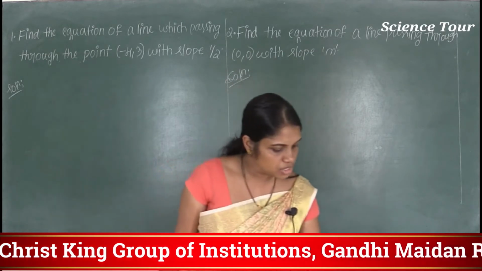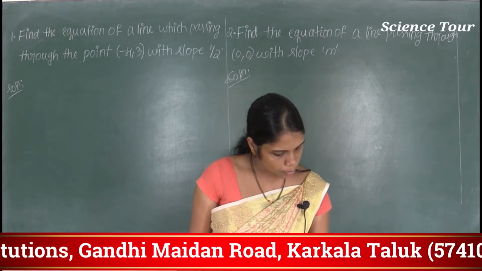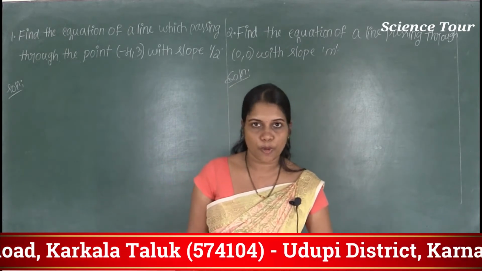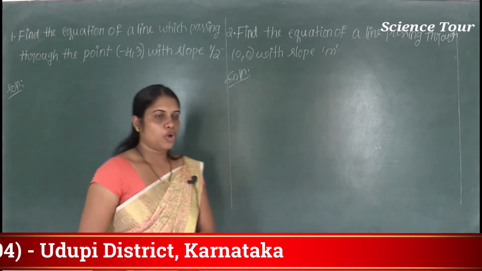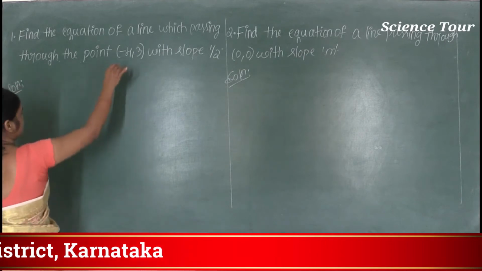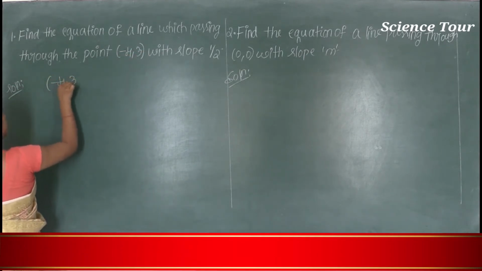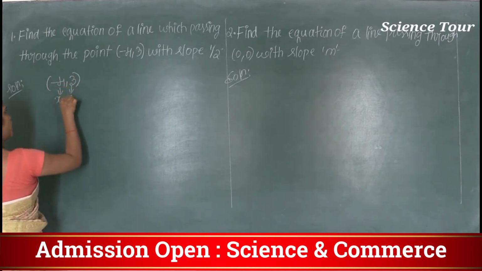Okay. See, that is your slope point form, the second form of equation of a line, right? So now we will see the question. First the point given is minus 4, 3. So I will consider this as x0, y0.